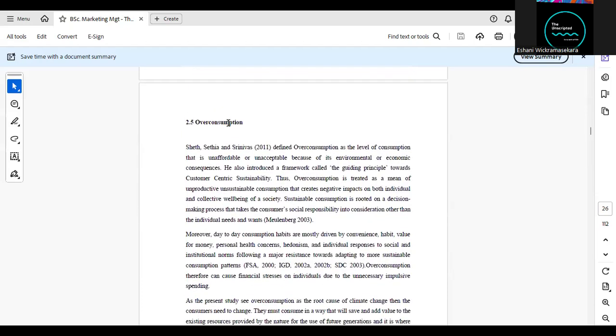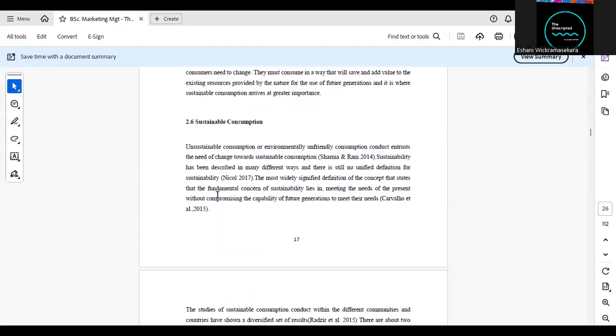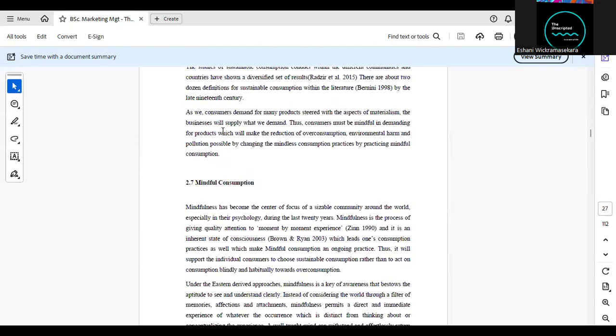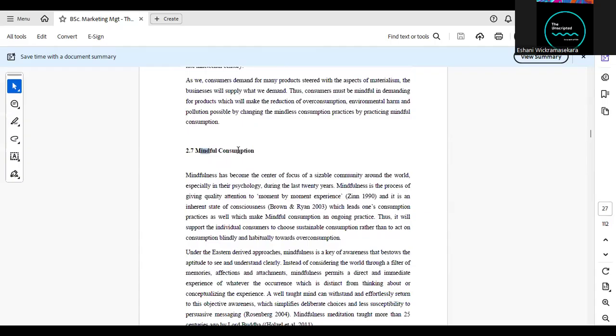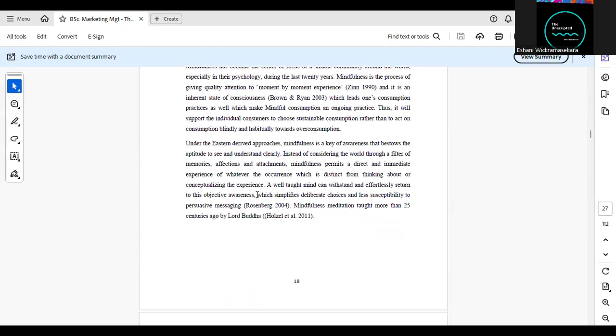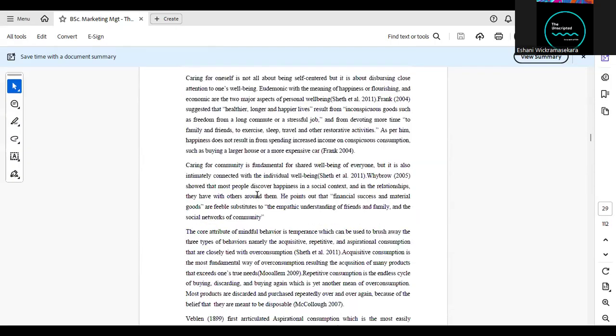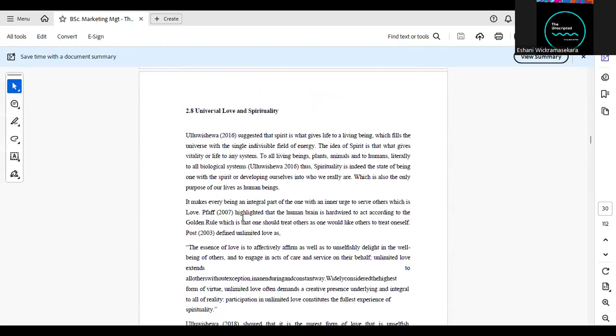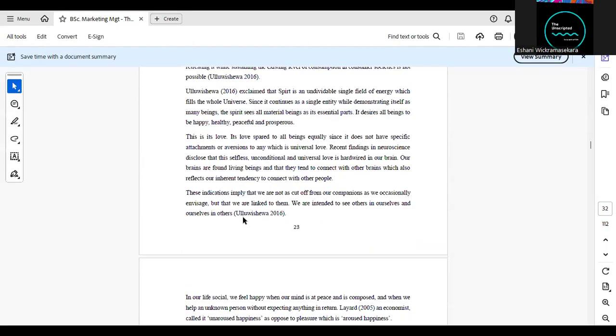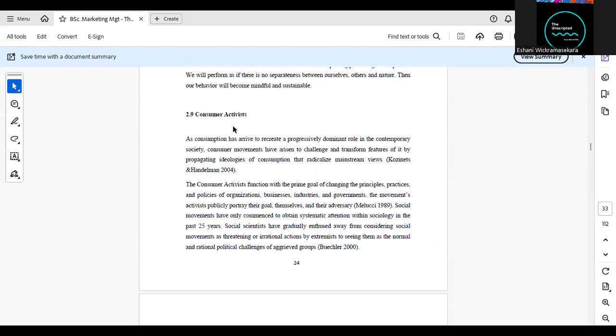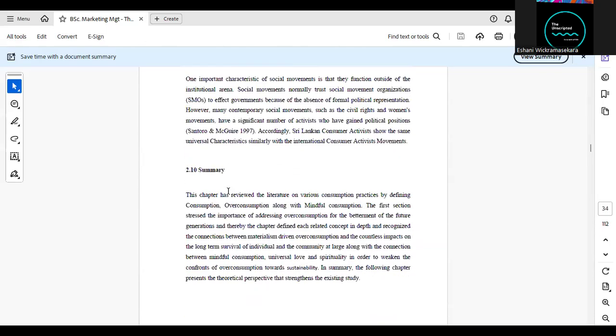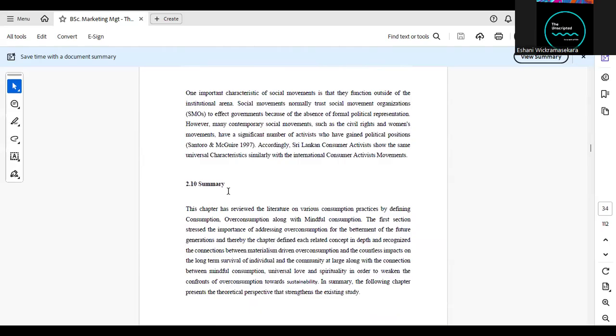And then I flowed into reviewing literature on overconsumption, and then sustainable consumption, and only then did I elaborate more on mindful consumption. Likewise, it then goes on to universal love and spirituality, and also consumer activists, because I used consumer activists in order to find these practices.